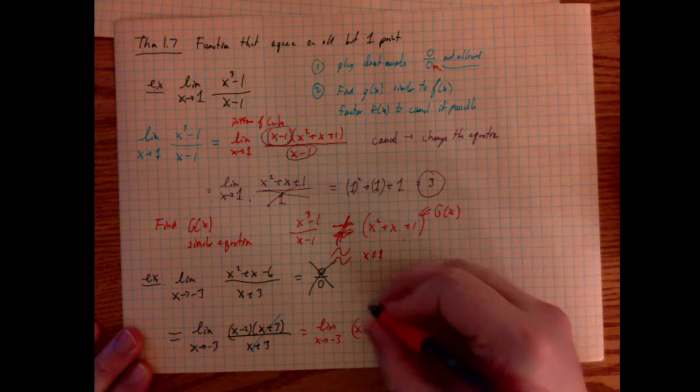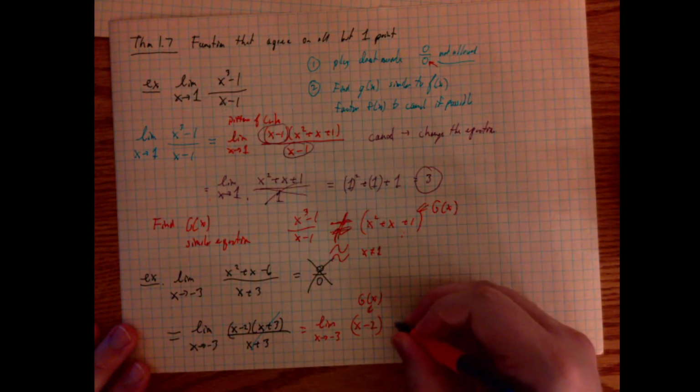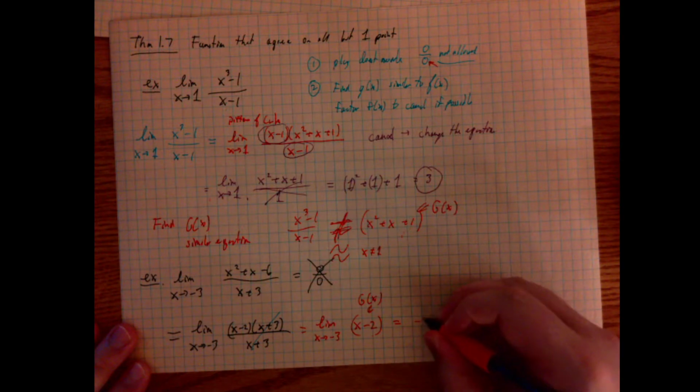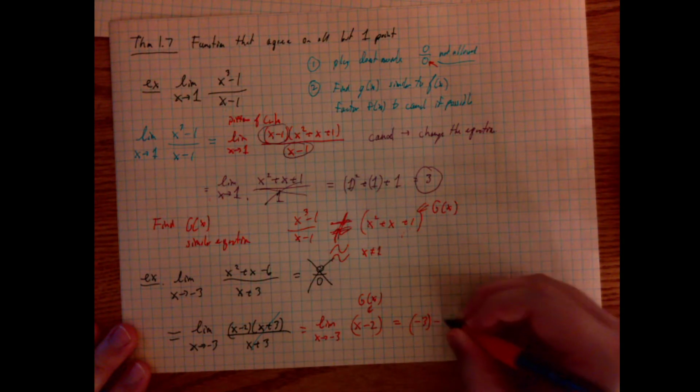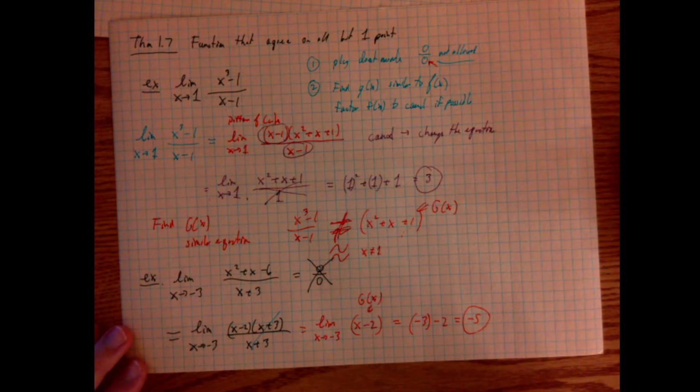This is our g of x. Okay? It's a similar expression that again has the same limit, but not necessarily the same values. Right? I can't plug in -3 here, but I can plug in -3 here. And in fact, when I do, I'll do -3 minus 2. -3 minus 2 would be -5, and there's my limit.